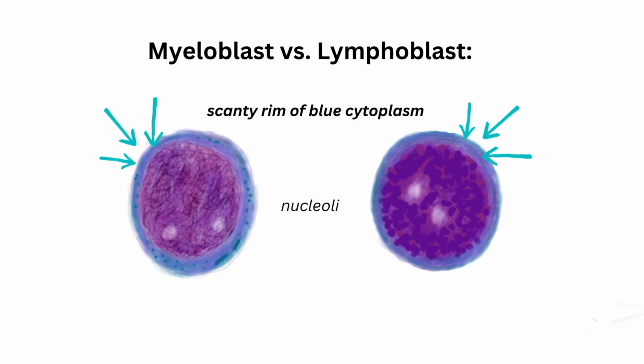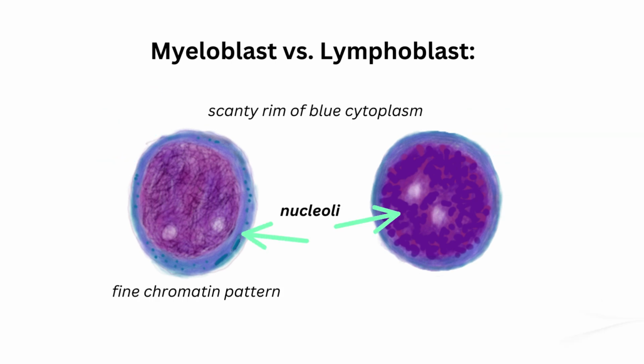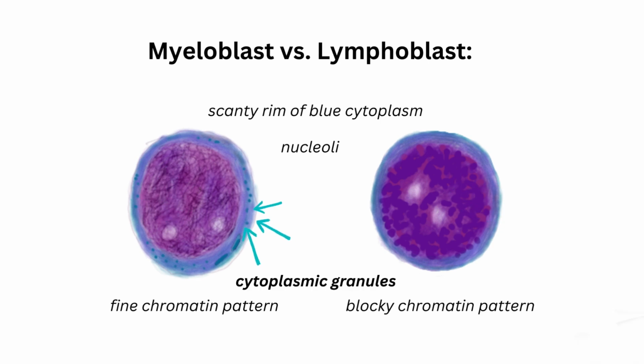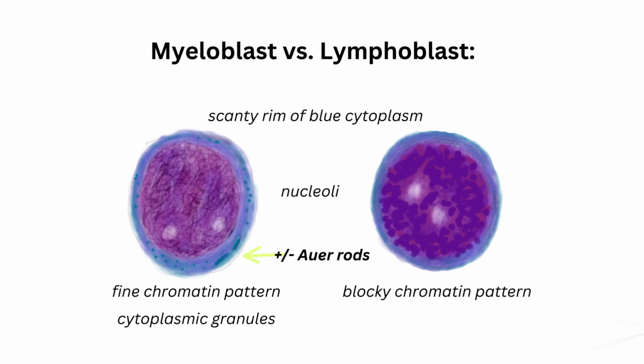They both have a scanty rim of blue cytoplasm and nucleoli. Again, note the fine chromatin pattern of the myeloblast and the blocky, dense chromatin pattern of the lymphoblast. Again, note the cytoplasmic granules seen in the myeloblast. You might also see Auer rods in the myeloblast.